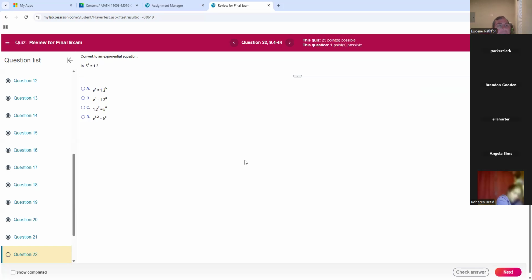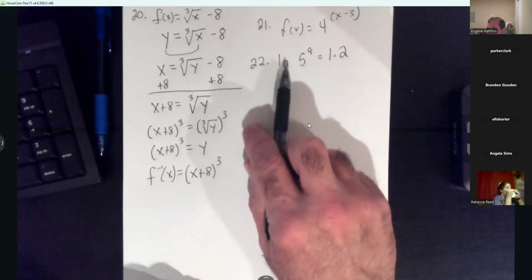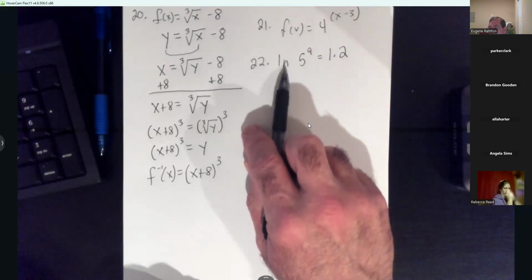All right, y'all, 22, convert to exponential. They're giving me ln 5 to the a equals 1.2. So similar to what we had on our test, but still different. If I'm going to rewrite this, I got to know what the base is of the ln.